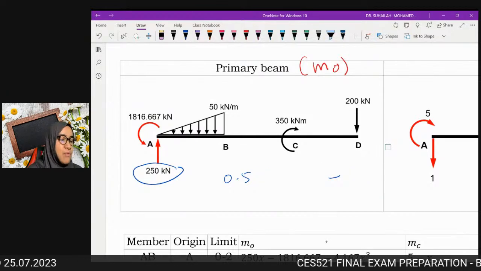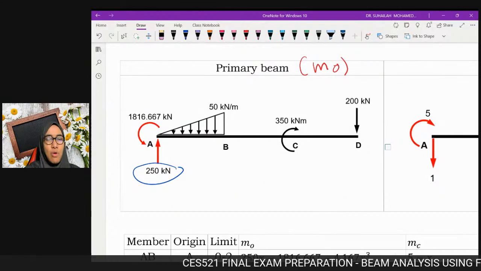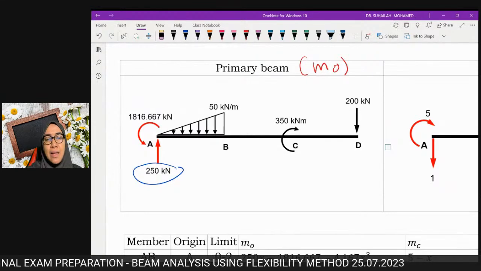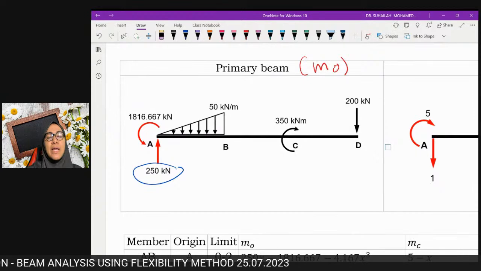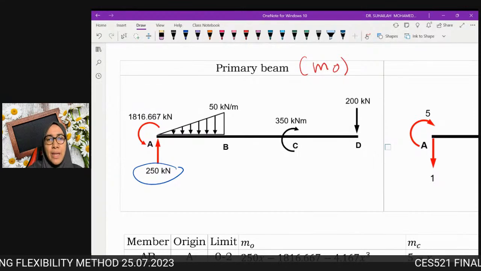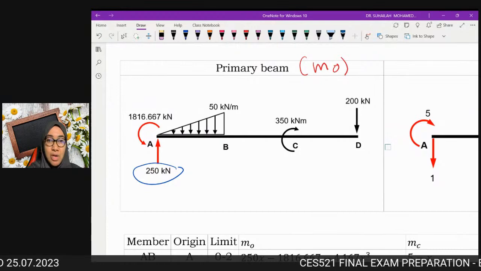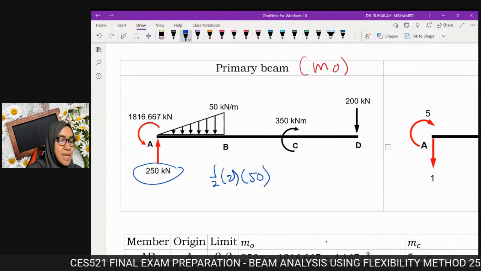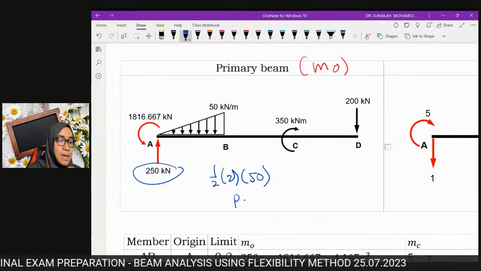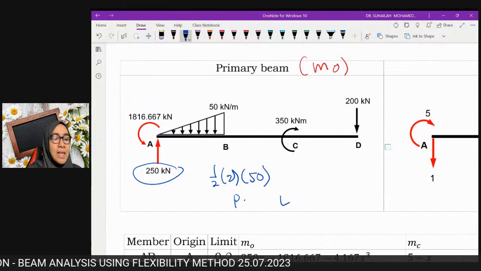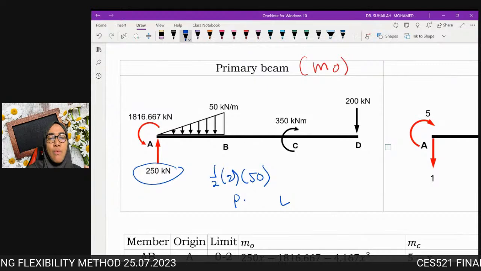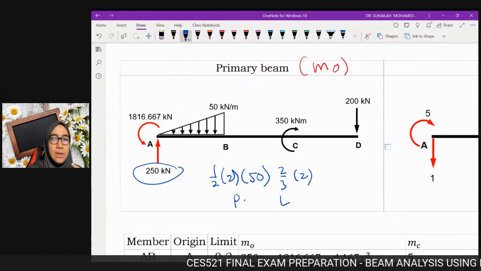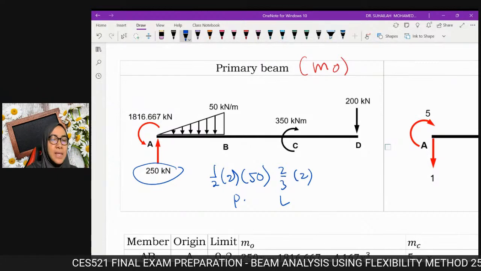Okay, and for the moment, moment is P times L. P is force, L is distance. By taking moment at A, for the triangular load, P is 1/2 or 0.5 times 2 times 50. We have to times with L, and for L we use 2/3 times 2 again, acting clockwise.